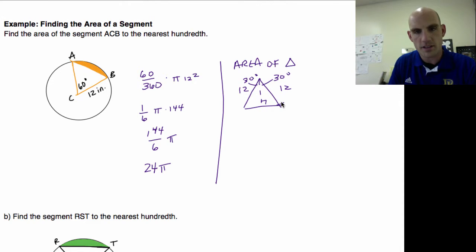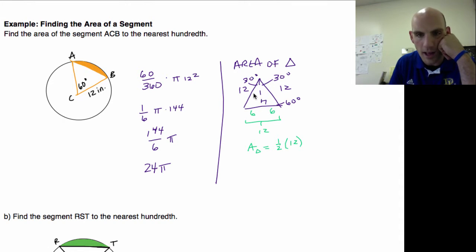I know that this is a 30, 60, 90. So if the hypotenuse is 12, the short leg here is going to be half of the hypotenuse, so this is going to be 6. It's going to be 6. So the base is going to be 12, so the area of the triangle is 1/2 base, 12, times height.